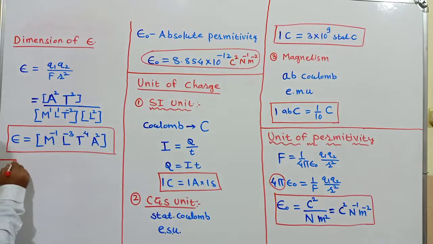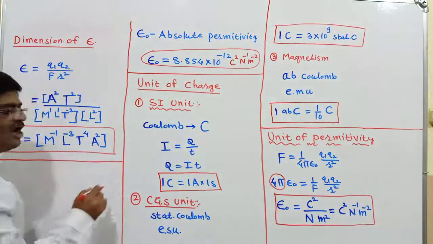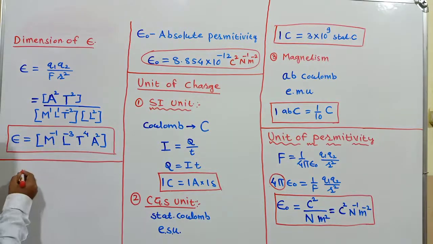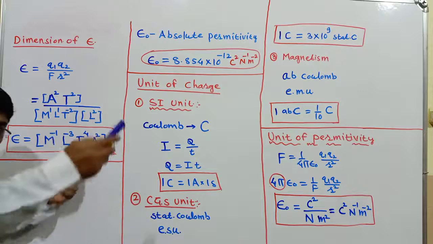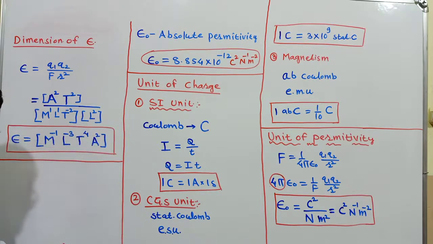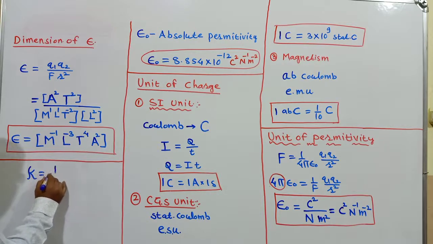While discussing all this in Coulomb's law, we arrived at a constant there, and with that constant only all this discussion has happened. So K equal to constant, Coulomb constant equal to, for the charges being in the vacuum or air, we could write 1 upon 4 pi epsilon 0.